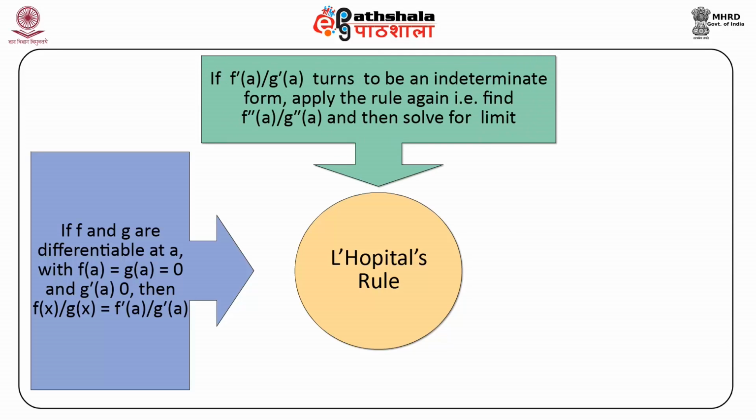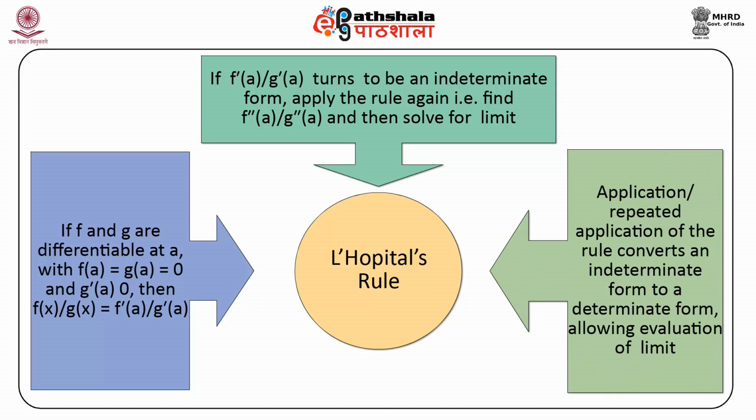If f dash a upon g dash a also turns out to be an indeterminate form, we can apply the rule again. That is, we will find f double dash a upon g double dash a and then solve for the limit. Repeated application of the rule often converts an indeterminate form to a determinate form, allowing easy evaluation of the limit.